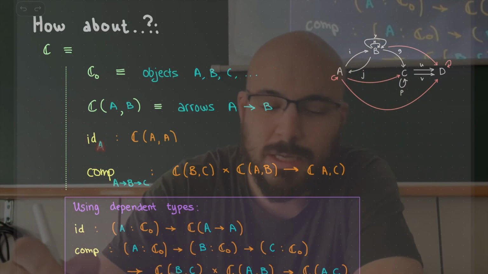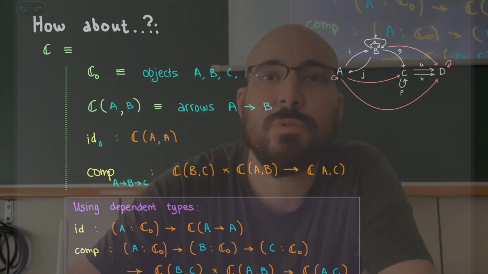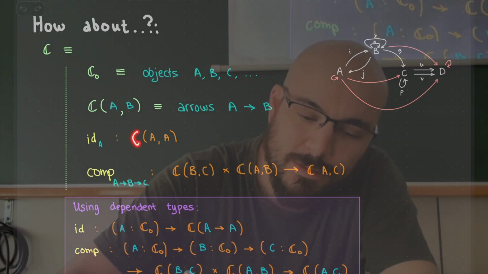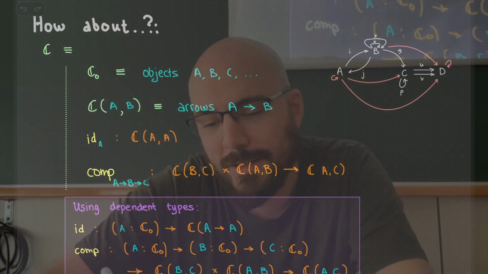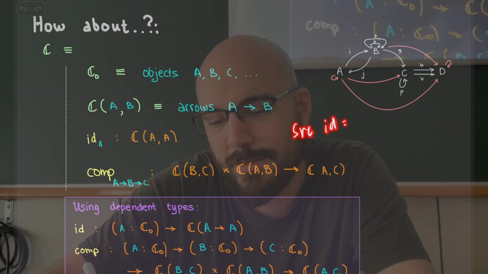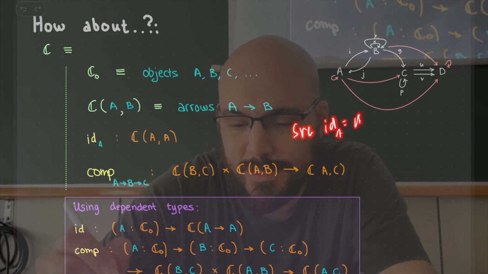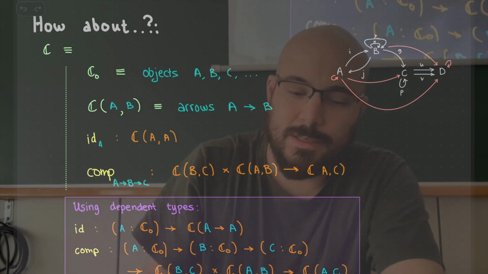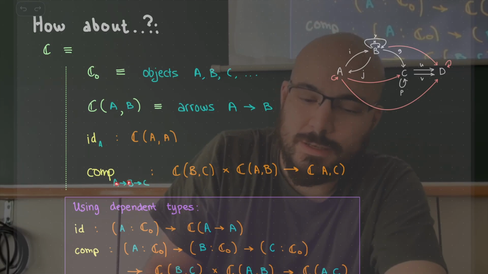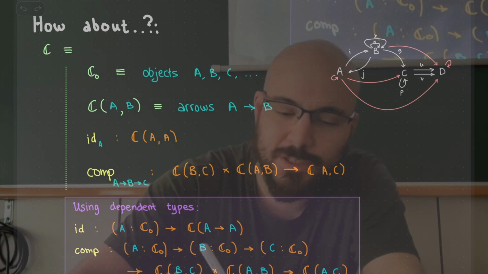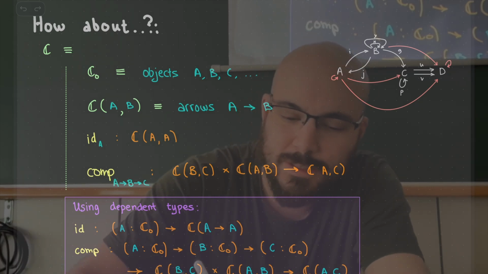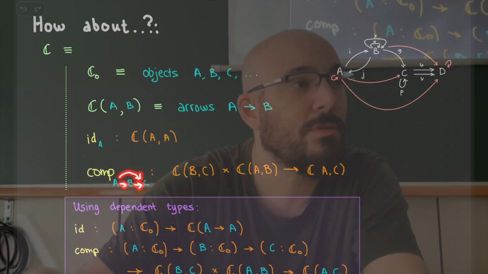I use A as a parameter here, so the type of them is an arrow from A to A, so I don't need an extra law to tell me that the source of the ID of A is A, and similar things for target. And similarly for composition, for each three objects, I have a composition that takes arrows from B to C and arrows from A to B, and gives you back arrows from A to C.